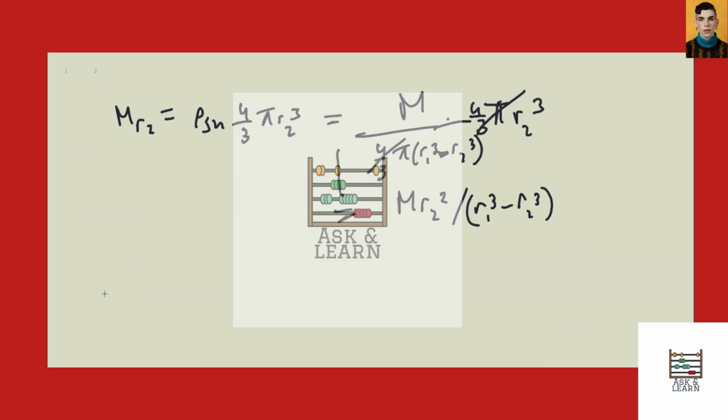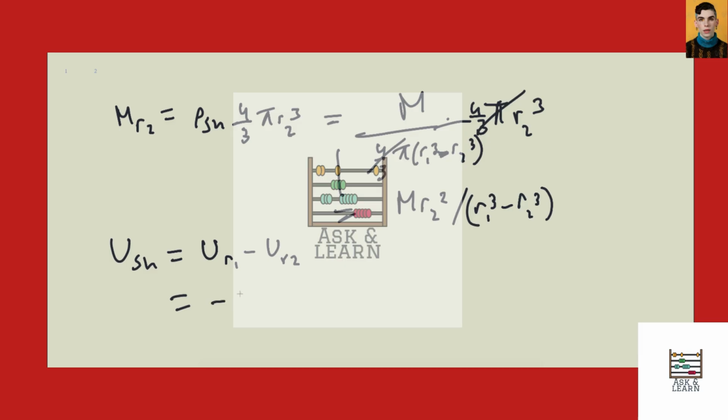And then you're set. All you have to do is find U of shell, the potential energy of the shell, which is U_R1 minus U_R2, the gravitational potential energy at the outer shell minus the gravitational potential energy at the inner shell.